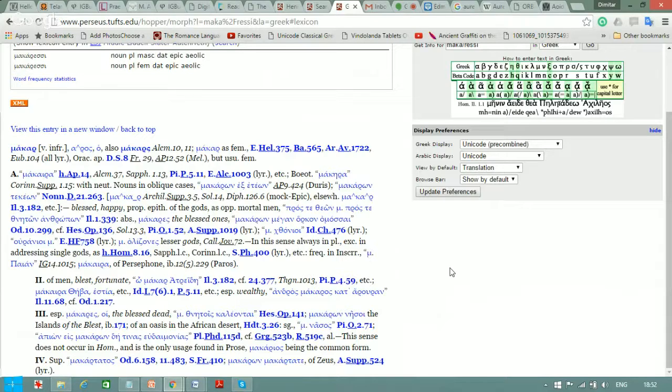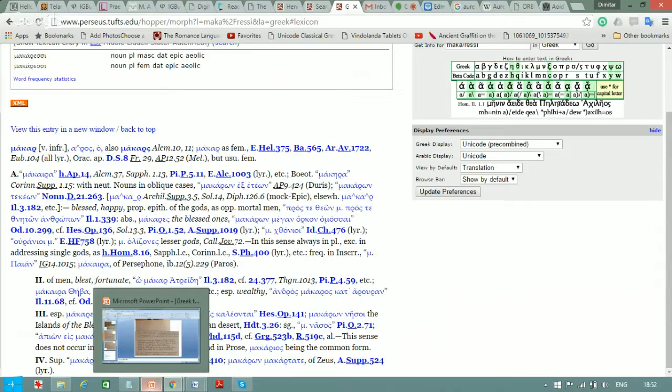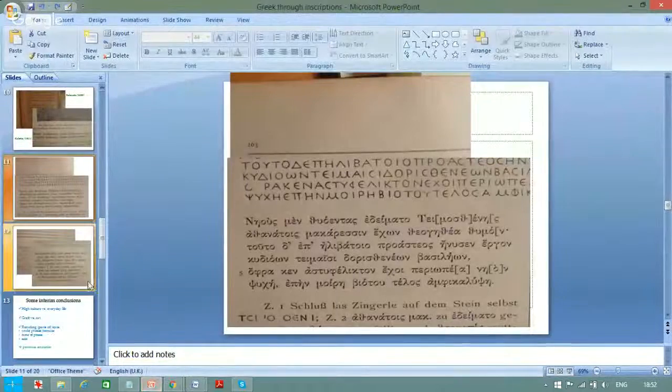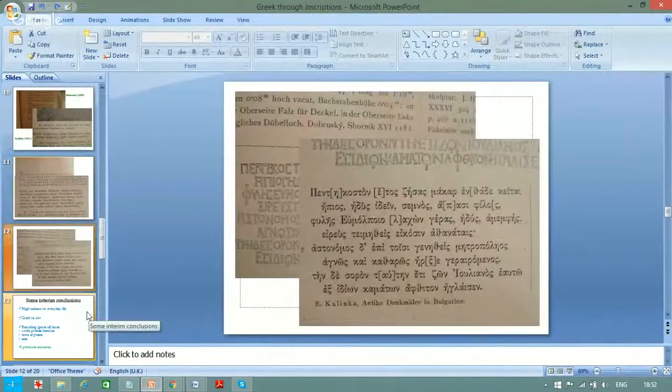And the final stage will be putting it aligned word by word into Perseids, which I hope will eventually produce a small but ever-growing corpus of metrical Greek inscriptions from Bulgaria in Perseids, which Aldale want to publish so as to enrich the collection that they already have in Perseus.